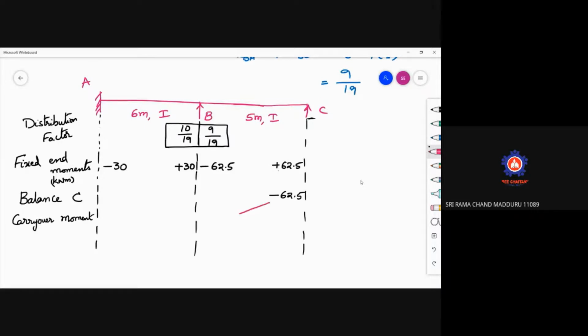According to our theorem number 1 in the moment distribution method, when a moment is applied, the carryover moment will be half of that moment applied. So this will be minus 62.5 by 2. That is the carryover moment.